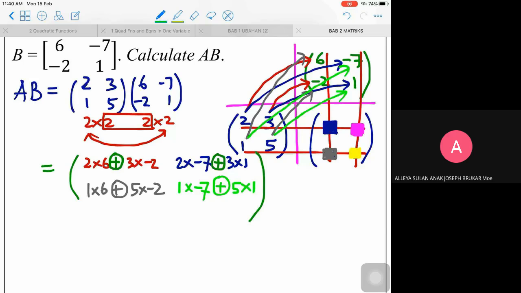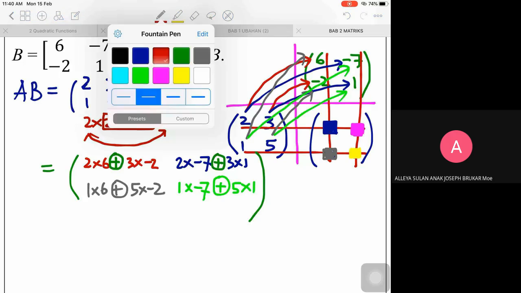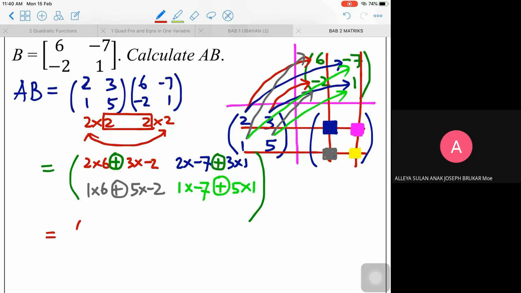Okay, so after this, you just do the addition between the numbers. For the first one, 2 times 6 plus 3 times -2 is 6 if you use a calculator. And then the second one, 2 times -7 plus 3 times 1 is sorry, -11.